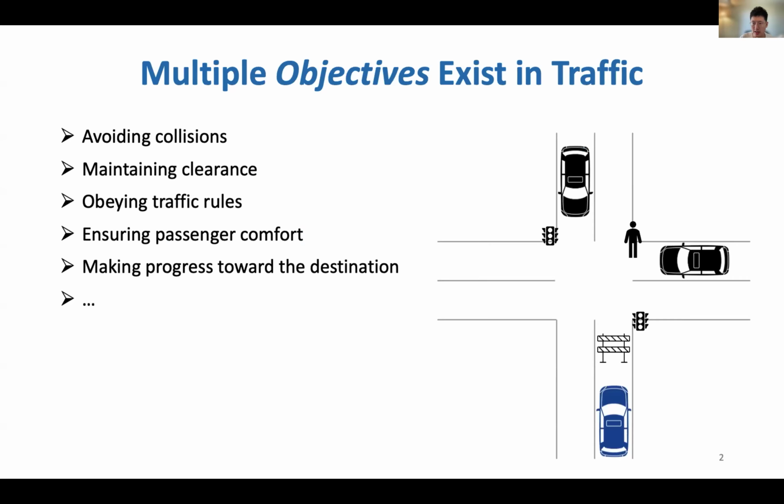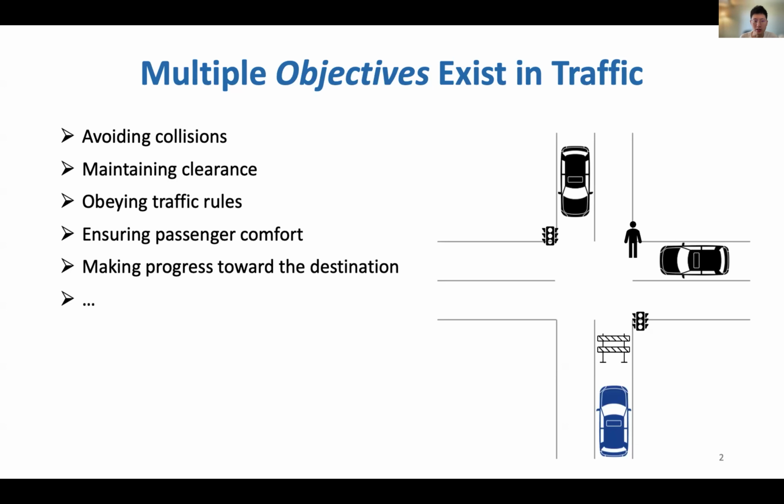So in modern traffic environments, multiple objectives exist at the same time. For example, an autonomous driving vehicle has to avoid collisions, maintain clearance with other objects, obey traffic rules, ensure passenger comfort, and make progress toward the destination. All of these objectives exist at the same time, and moreover, there are priority relations among them.